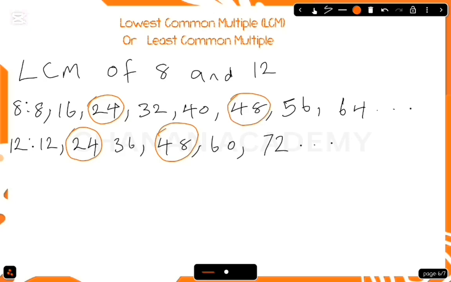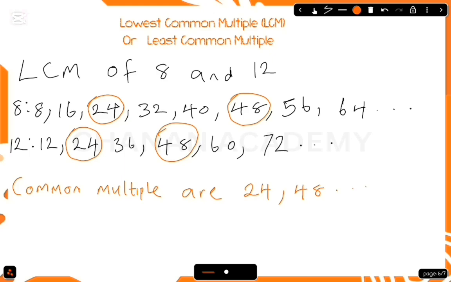So in the set we have given, the common multiples are 24, 48, and so on.